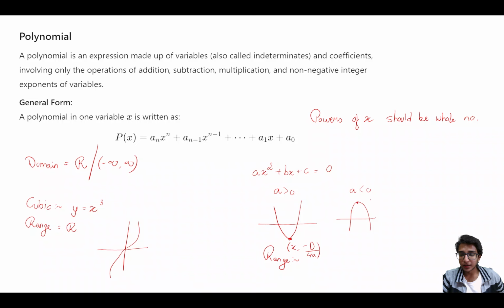Here also the same thing, x comma minus discriminant by 4a. So your range would become, let's say if a is greater than 0, minus d by 4a up till infinity. So this is how the range of any polynomial is decided. So keep these things in mind.